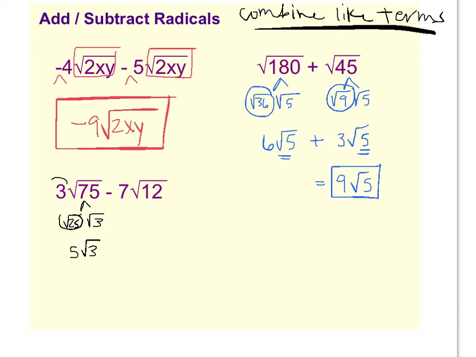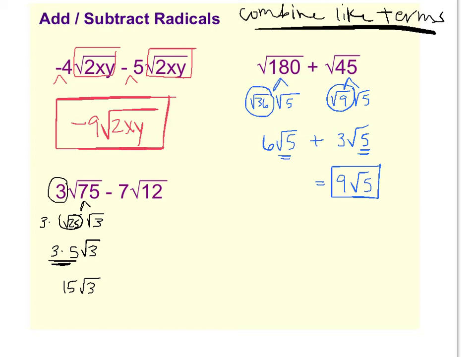Now, I don't know that we've talked about this 3 that's out front before. Anytime you have a number out in front of your radical, that actually stays out front the entire time, and it ends up being multiplied by the new number that we have. So this really is a 15 square root of 3.